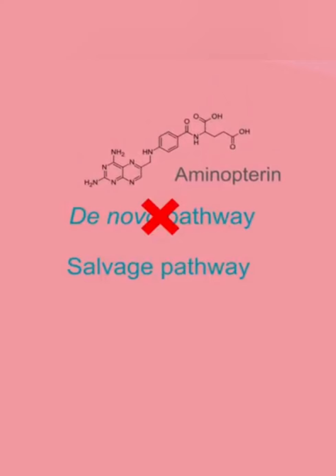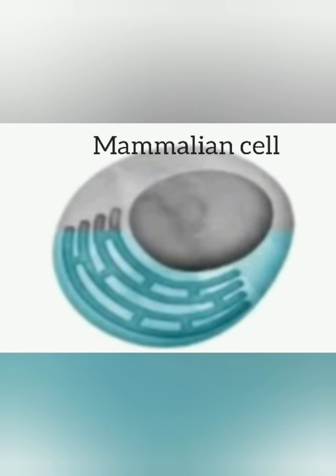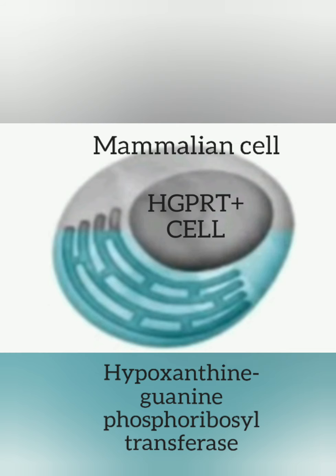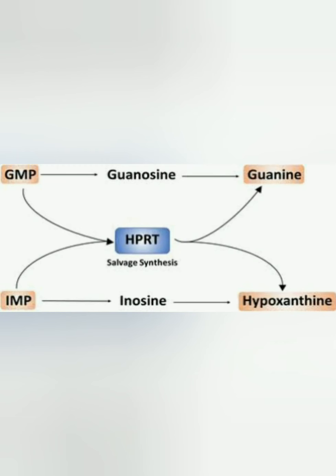In order to operate salvage pathway, cells should contain the enzyme called HGPRT, that is hypoxanthine-guanine-phosphoribosyltransferase. The cells which have HGPRT enzyme can utilize hypoxanthine-aminopterin-thymidine in the HAT medium for the synthesis of nucleotides.